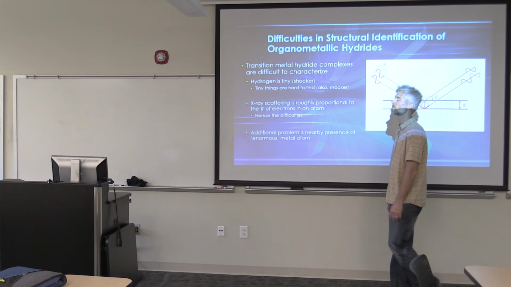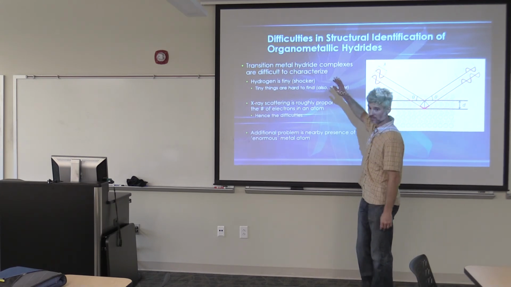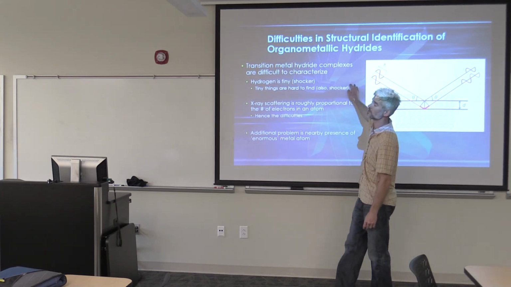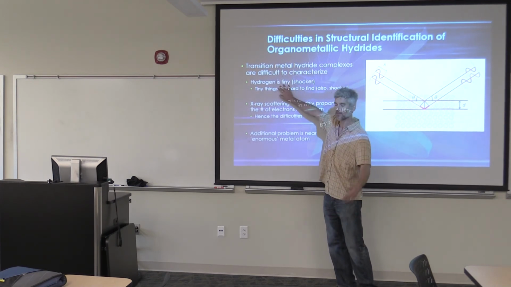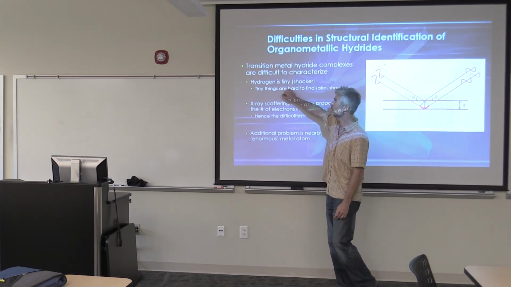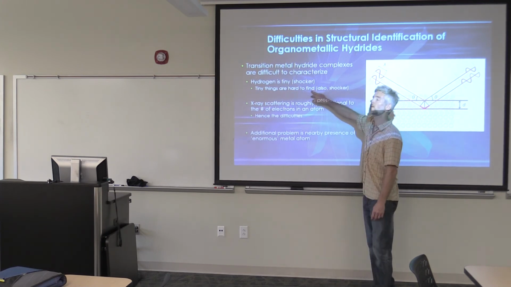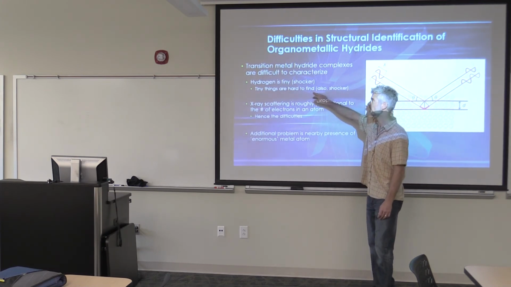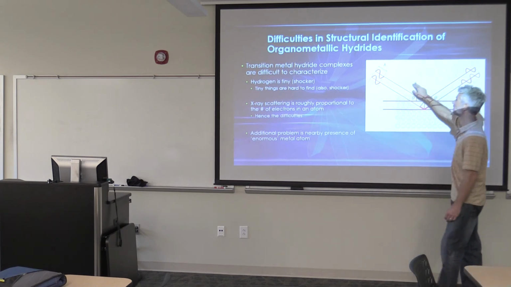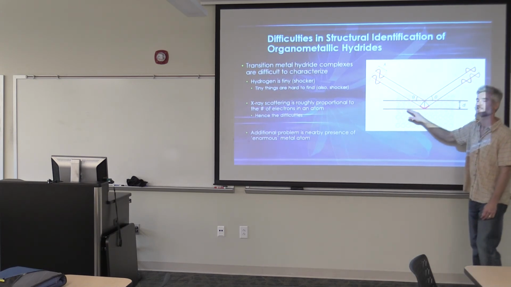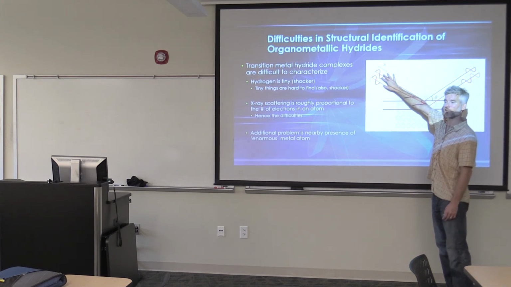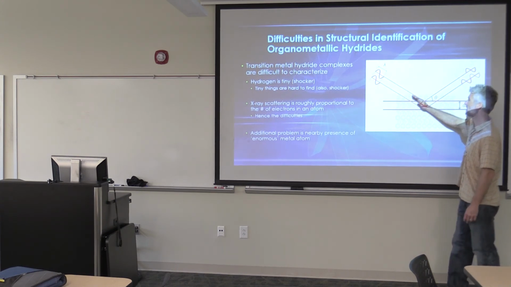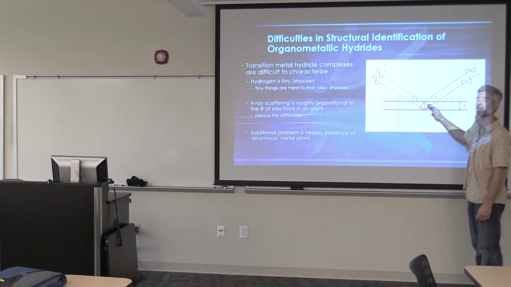But these compounds are difficult to look at, whether you're using X-ray or neutron scattering, because hydrogen is super small, and tiny things are generally hard to find. If we look at a generic diffraction experiment with X-rays, we have some X-ray wavelength coming in and impinging upon the atom.